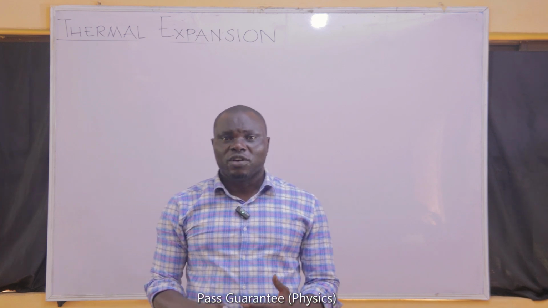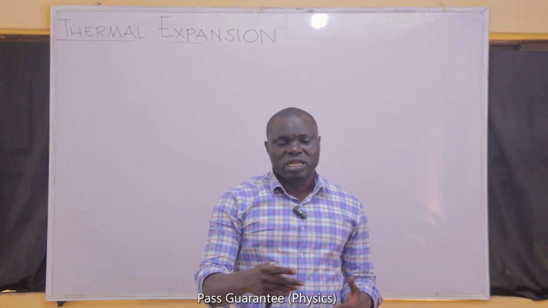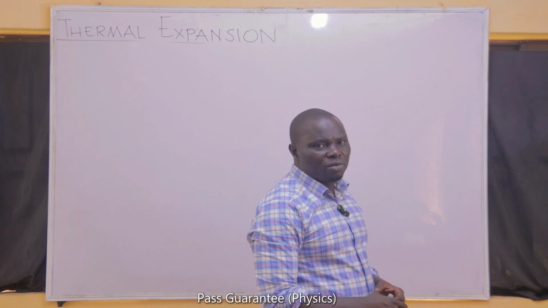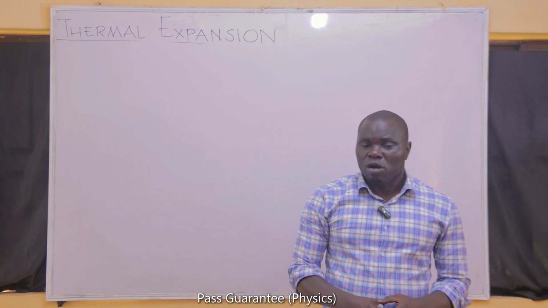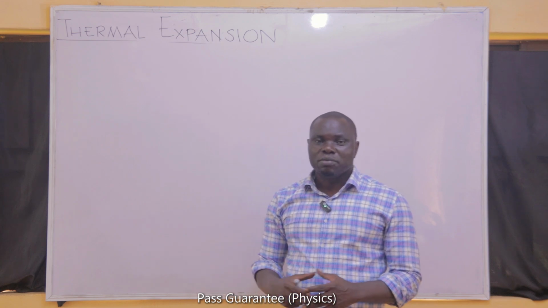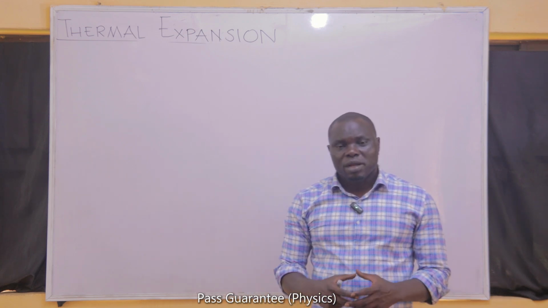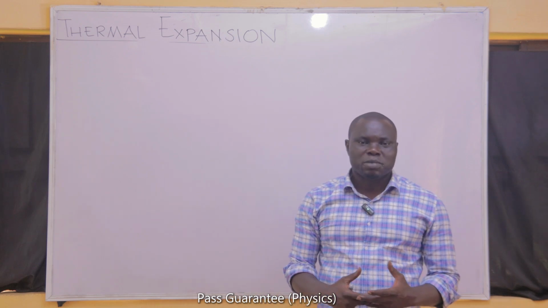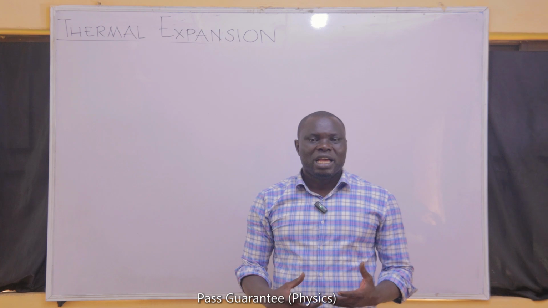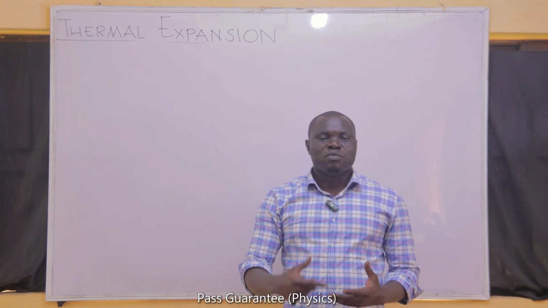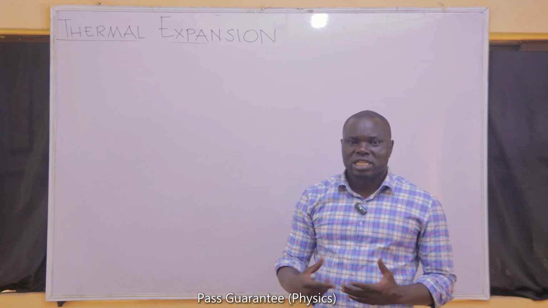So liquids will have a volume expansivity, only that their volume expansivity is not going to be a pure volume expansivity, or it will come in different forms. Why? Because they can only be put in a container. The problem that we create for ourselves is that the container too will expand. So when you see the expansion of liquids inside a container, you are seeing the resultant expansion of both the liquid and the container.